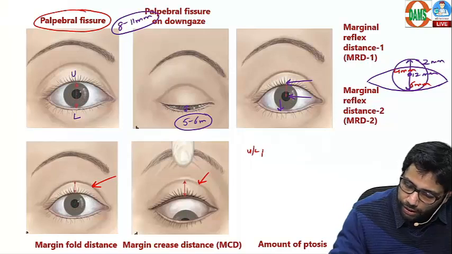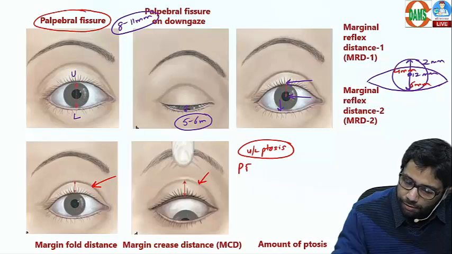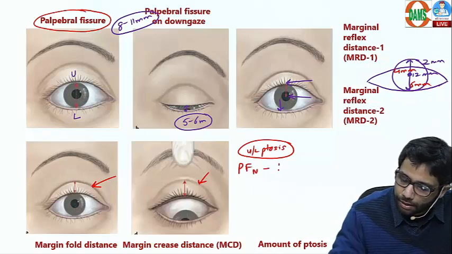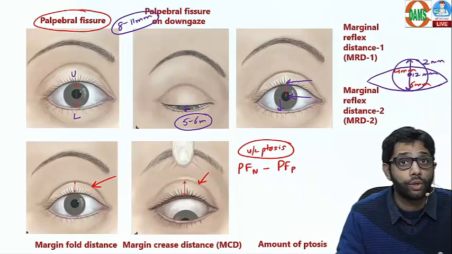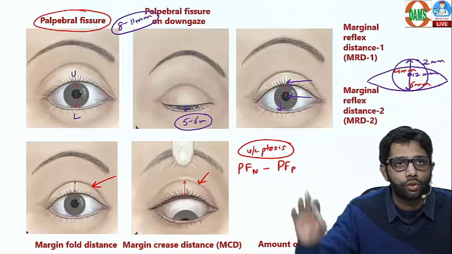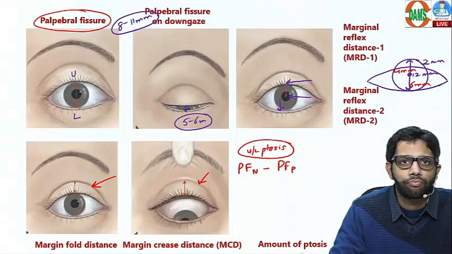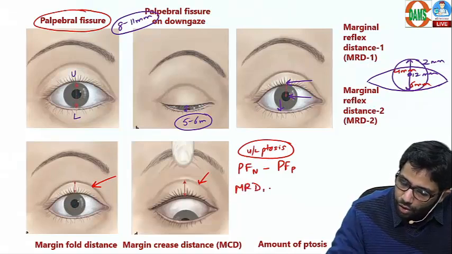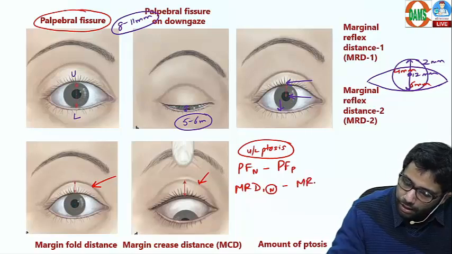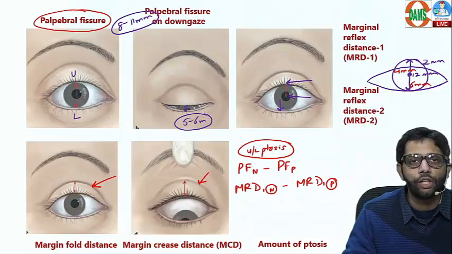If the patient has a unilateral ptosis, the palpebral fissure of the normal eye minus the palpebral fissure of the ptosis eye will give you the amount of ptosis, as in a unilateral ptosis the other eye is normal. From MRD1 also, MRD1 of a normal eye minus MRD1 of a ptosis eye will give you the amount of ptosis in a unilateral ptosis.